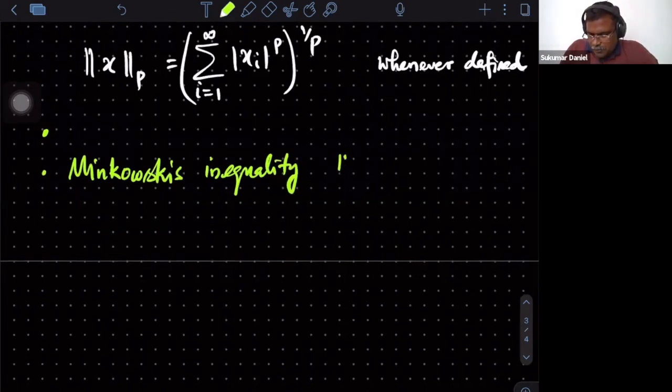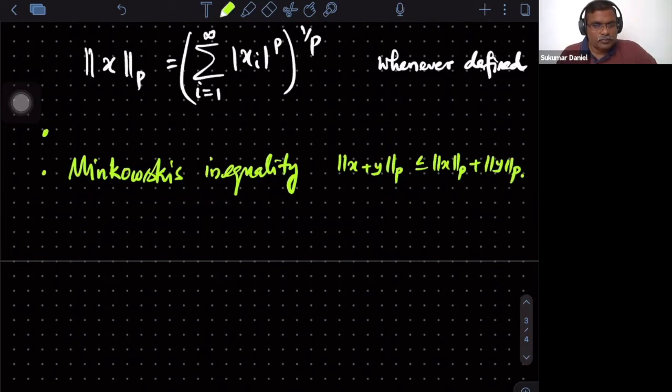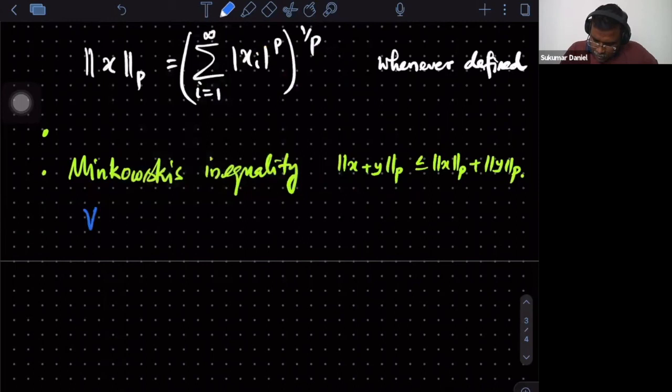That is, the norm of x plus y. Remember, for finite things we could do it. Now how do we do the infinite? Again, this is what I would like you to please re-emphasize: so this fact I want you to keep. For any natural number n, is this true?